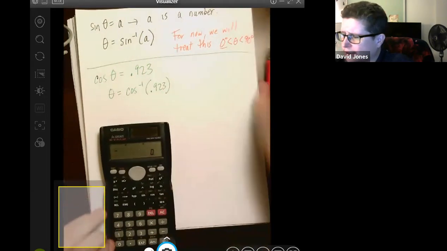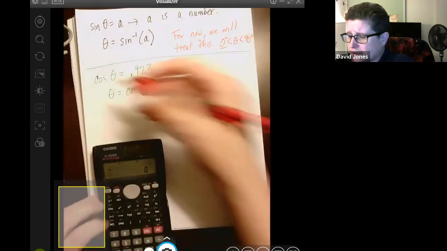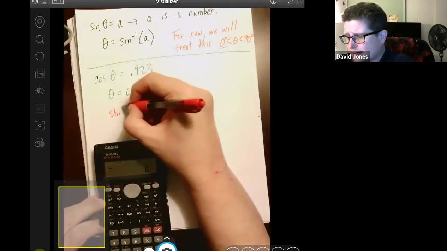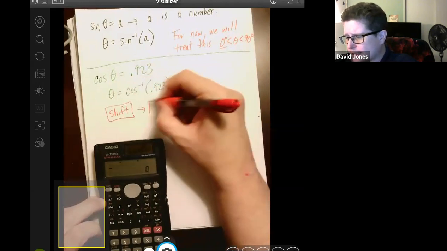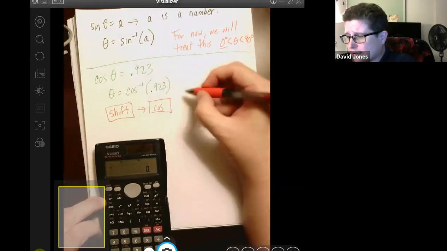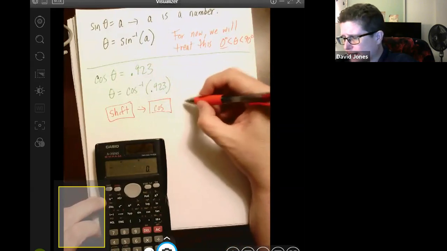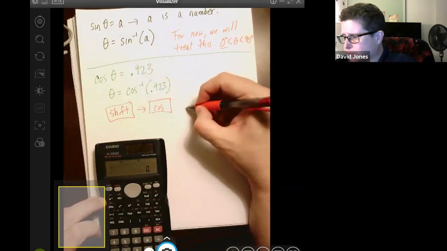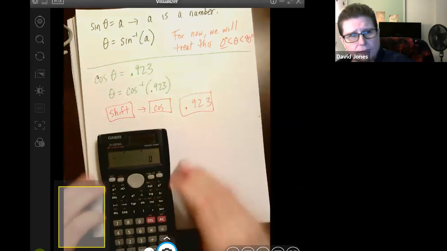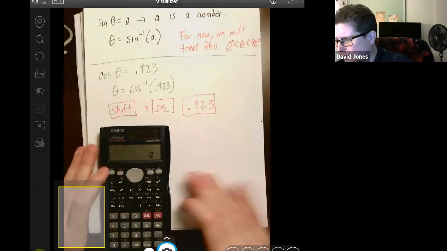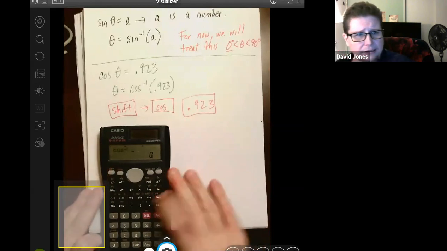On my calculator, I hit shift and then cosine, and then I type in 0.923. Okay. Shift cosine.